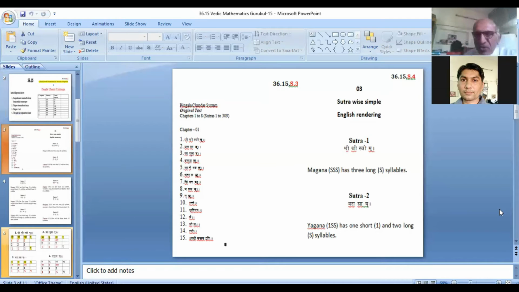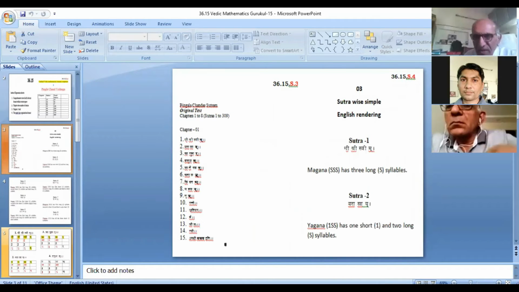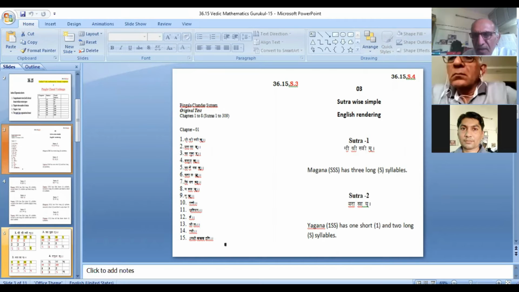Now here in Sutra 1, the text reads as Dhi, Shri, Istri, Ma. However, these three syllables, Dhi, Shri, as well as Istri, are availing a triple elongated second vowel.